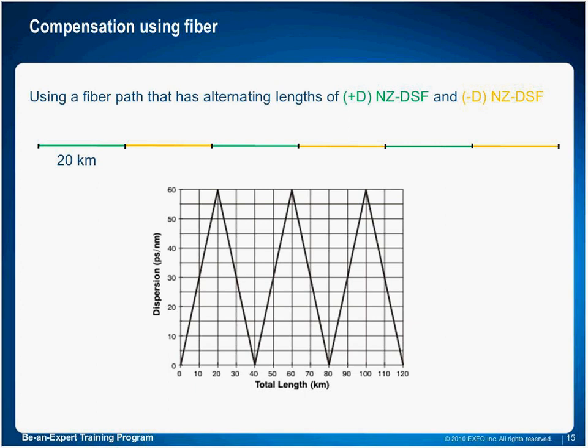If we, for example, use alternating sections of, let's say, 20 kilometers or even 40 kilometers or more of the positive non-zero dispersion shifted fiber, followed by the negative non-zero dispersion shifted fiber, we can see how over distance the total chromatic dispersion will stay within manageable levels for receipt of data.